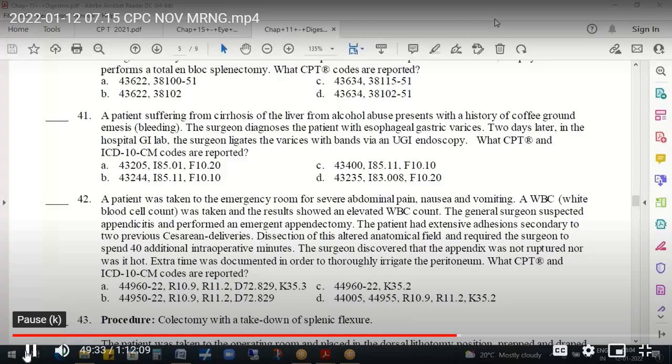First one, laparoscopy. Second one, open.